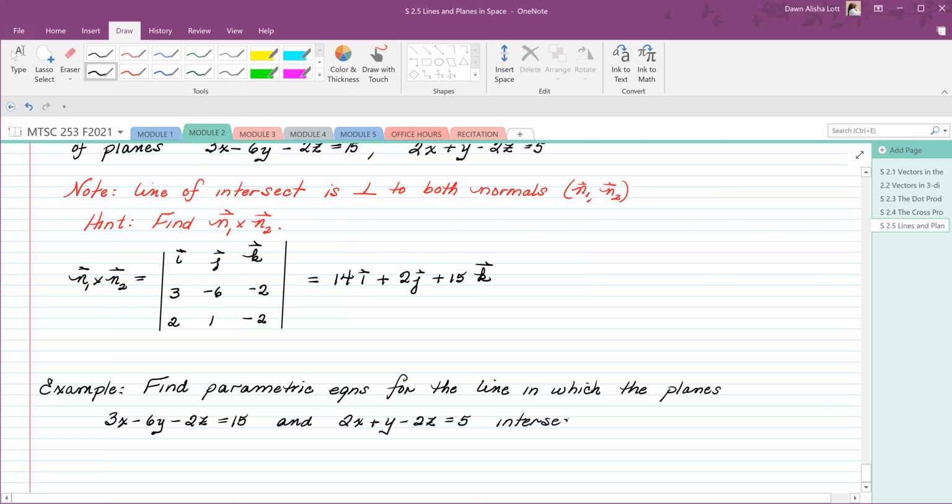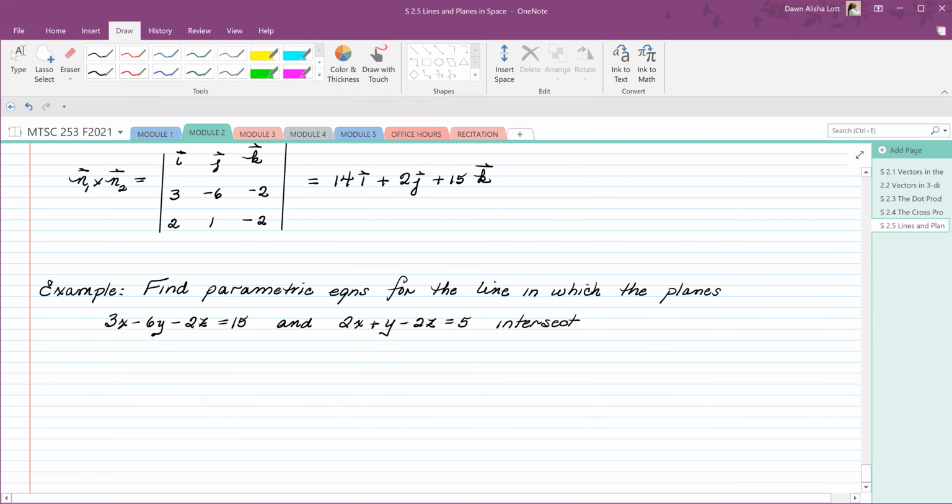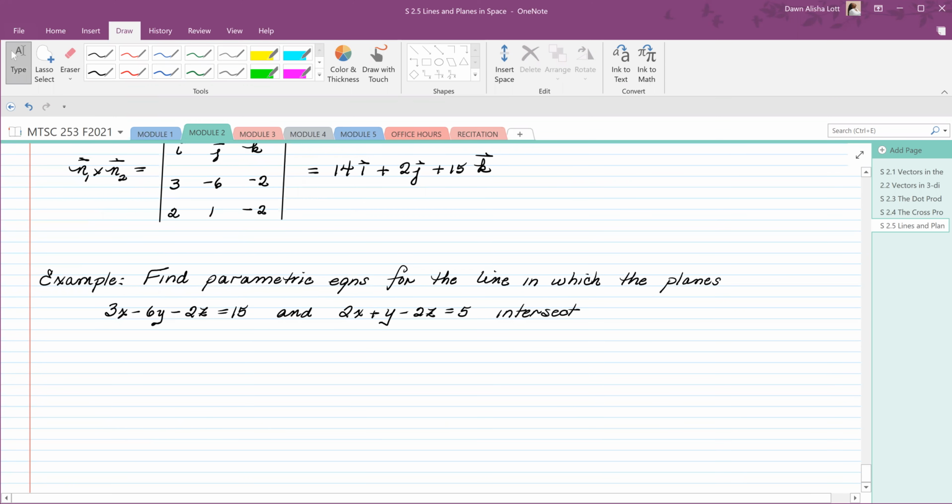So these two planes are intersecting, and it's like taking your hands and putting them together, and they're going to intersect in a line. So they want you to find the equation of the line. In order to find the equation of the line, I need a vector and a point. So we already have a vector in the direction of the line from the last problem.